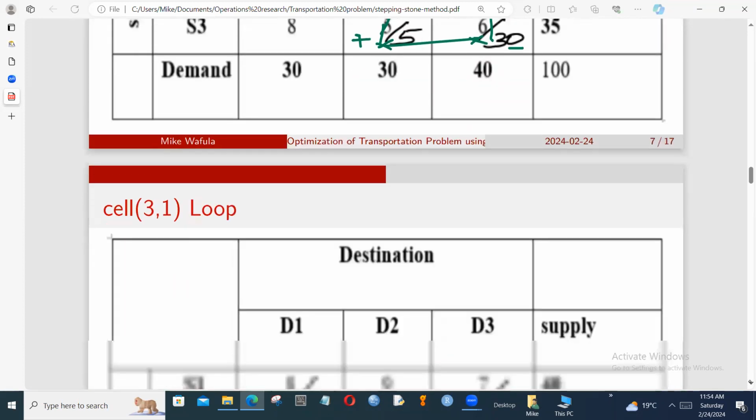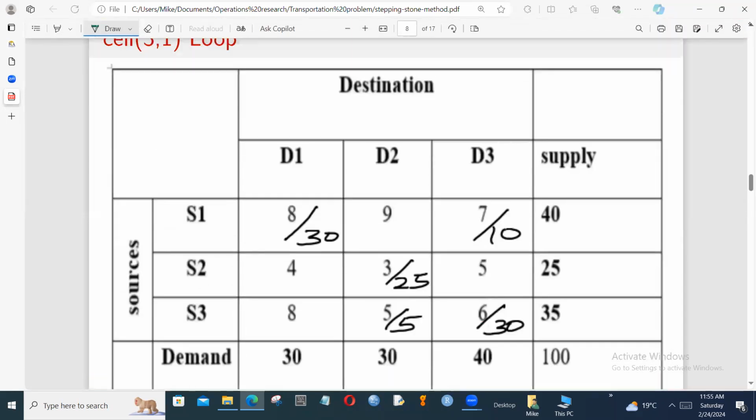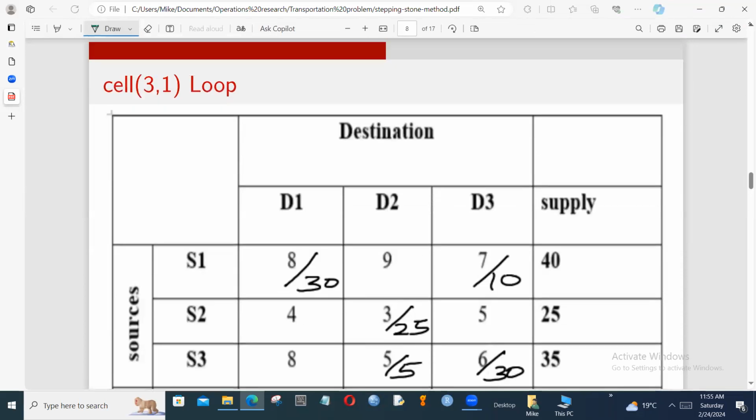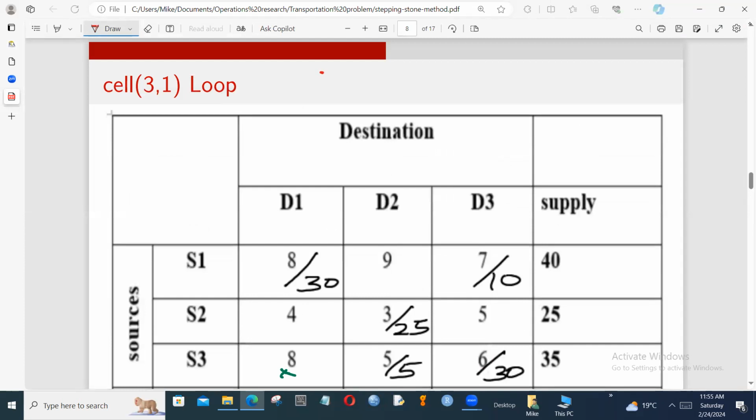And then cell 3-1. This is a cell that we also want to draw a closed loop for. A closed loop here could take this format. This one has to go straight, then again go straight to that far end, then come this way, and finally make a turn to the starting point.